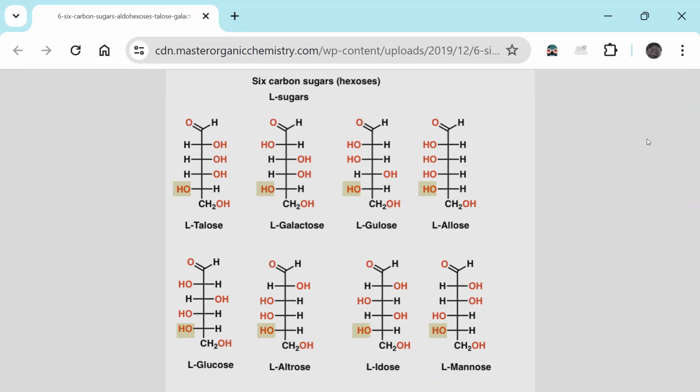They're all hexoses, right? They're all 6 carbon sugars. And we can't use a single one of them. There are these 8. Then there are 8 more that are the D versions, and we can use one of those versions. And 2 of those versions we can convert into the other one.